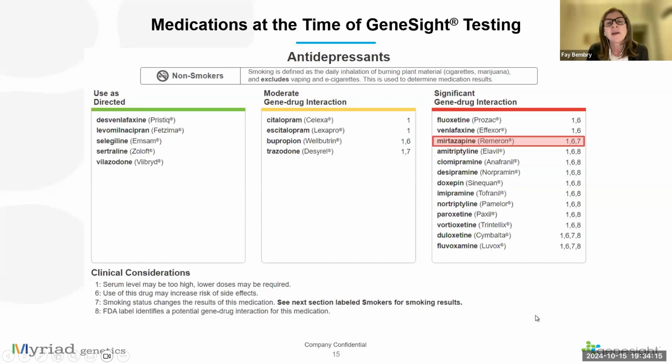Thinking about what I was planning to do, I thought maybe if we increase her dose of mirtazapine, we'd get some benefit for her depressive symptoms. As far as I could tell, she seemed to be tolerating it. But when I look at the GeneSight testing, that may not have been the best idea, now that I know her pharmacogenomics. All right, next slide.